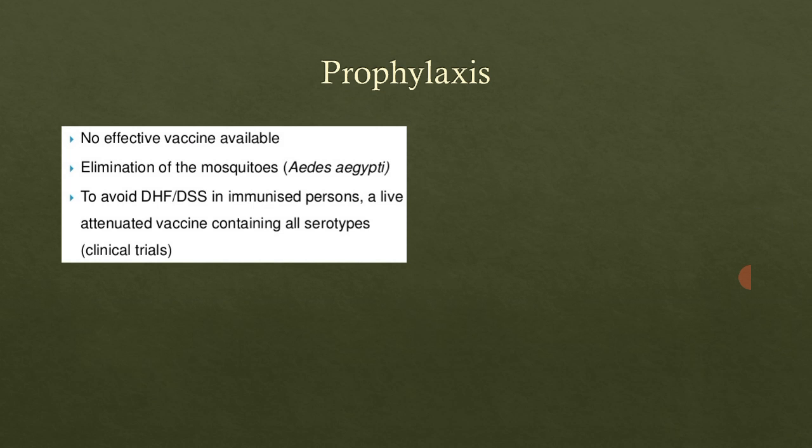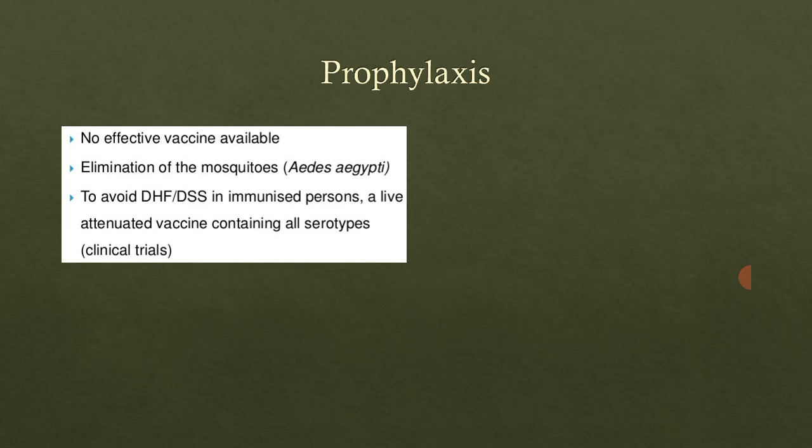Now in this lecture we saw the structure of the dengue virus, then the serotypes, the family, genera, then the clinical features, the clinical symptoms. Then we saw 3 types: classical dengue fever, dengue haemorrhagic fever and dengue shock syndrome.